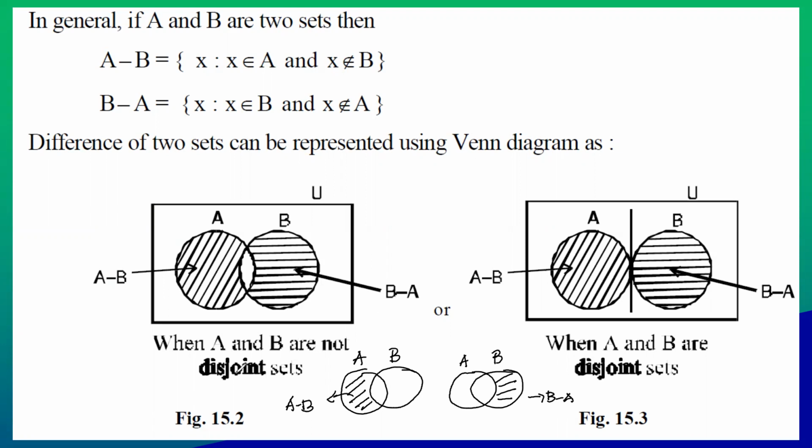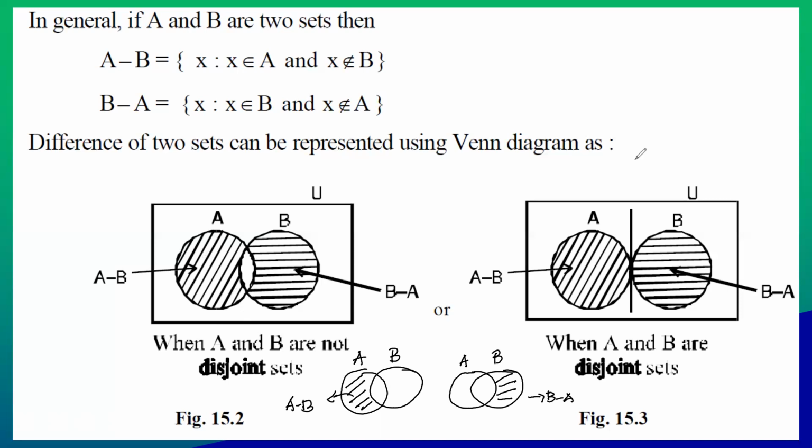When A and B are not disjoint sets. When we say not disjoint, ibig sabihin meron silang intersection. Kaya yung dalawang circle ay magkadikit. Okay? Kasi disjoint, sinabi natin yung two sets are disjoint if they don't have common elements. So, kaya magkadikit. Sabihin, merong intersection sa gitna.